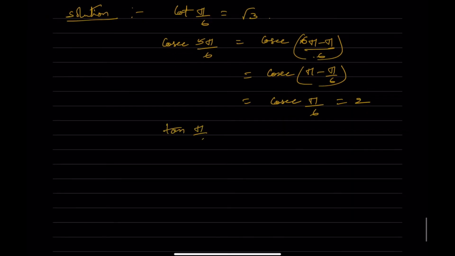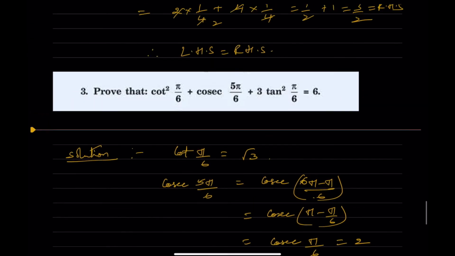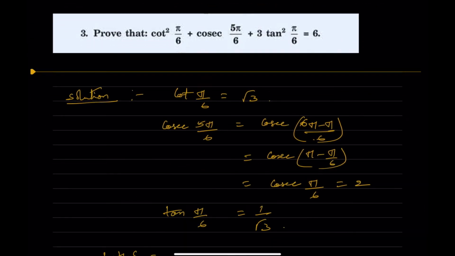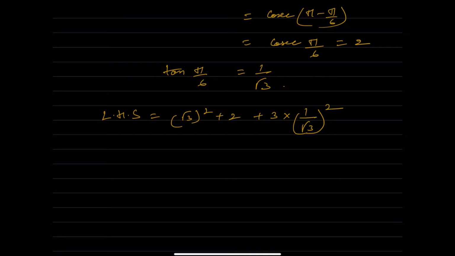So therefore tan pi by 6 is nothing but tan of 30, which is equal to 1 by root 3. Now substituting in the LHS, so LHS is equal to, you are going to get it as cot square pi by 6, that is root 3 whole square, plus 2 plus 1 by root 3 whole square. So root 3 whole square plus 2 plus 3 into 1 by root 3 whole square.